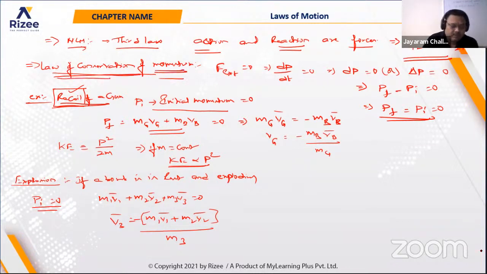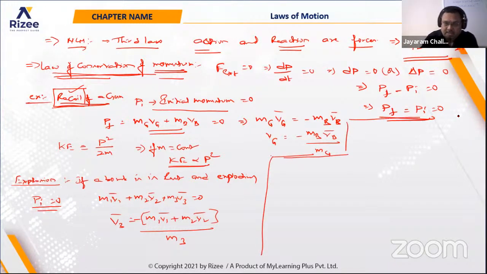It is one of the very, very important concepts. You can also have the variable mass condition, that is rocket propulsion, where you can use the relation of rocket propulsion for general cases if it is not given in relative velocity conditions or any other case.